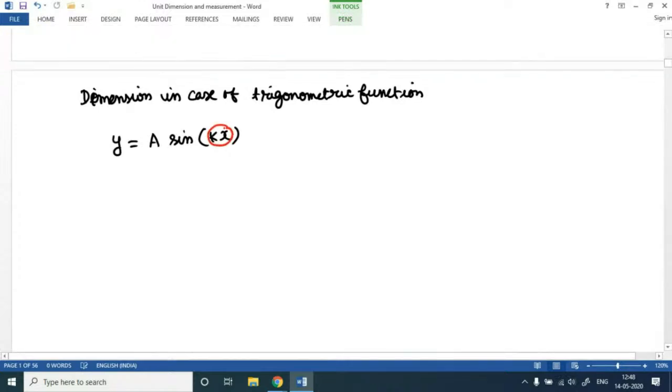When you take the sine, you take the sine of a plane angle. So this quantity is nothing but a plane angle, and although a plane angle has a unit, radian, it is a ratio, so it is dimensionless. Please understand that it is dimensionless. So kx has unit radian and it is dimensionless.